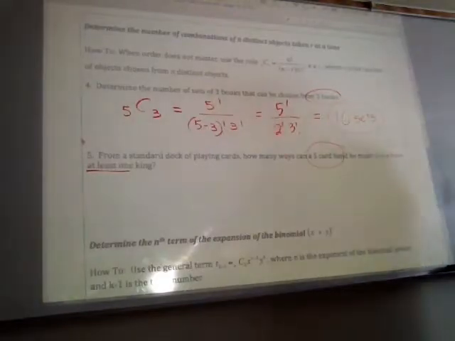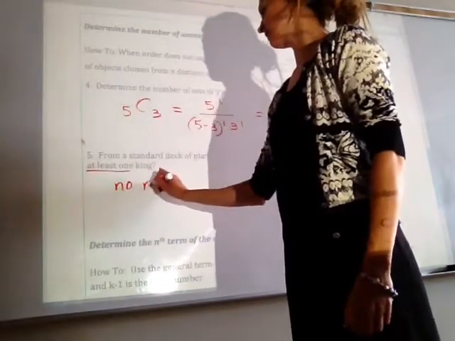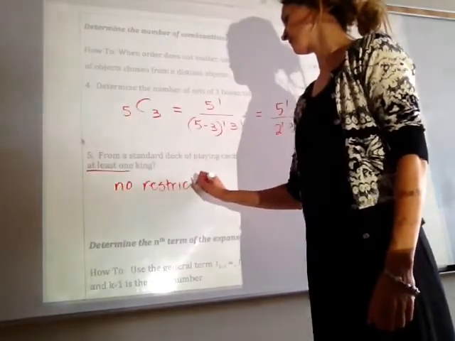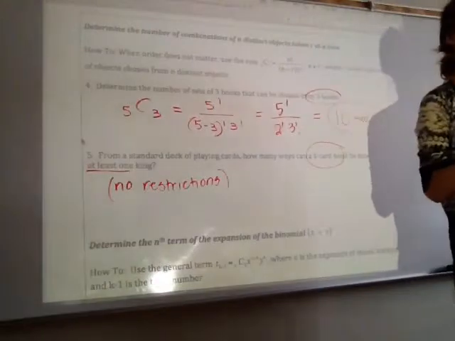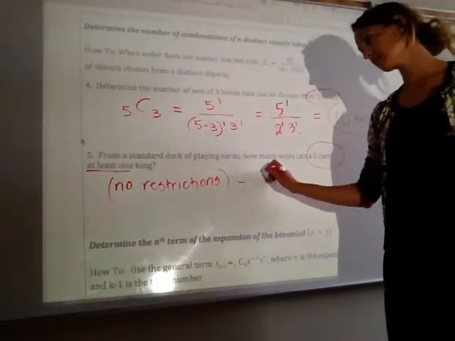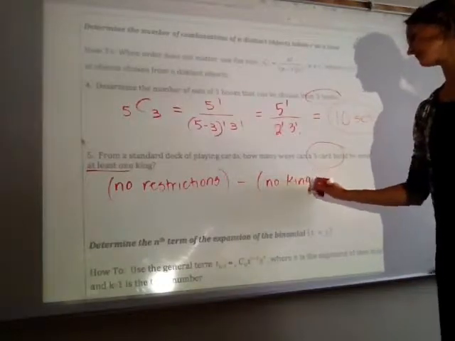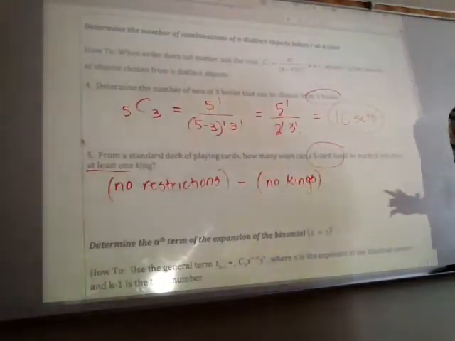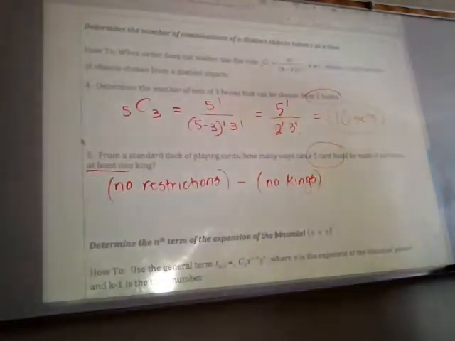Personally, I think the easiest way to solve this is just by using the no restrictions. Saves a bit of time and work. So we're going to look at no restrictions minus the case if we had no kings. We're taking out that one possibility and leaving the result as all the possibilities of having at least 1 king.